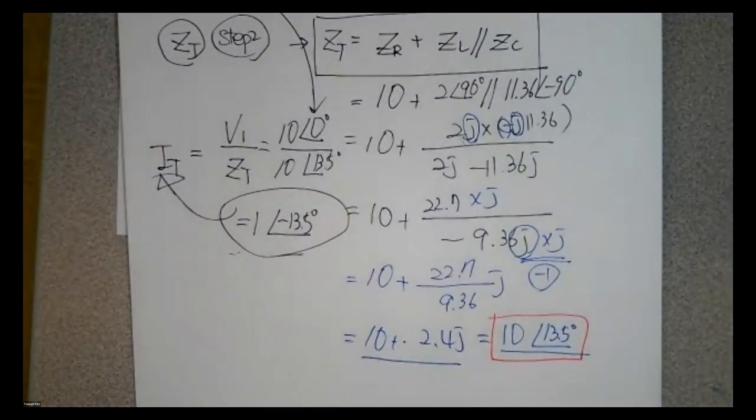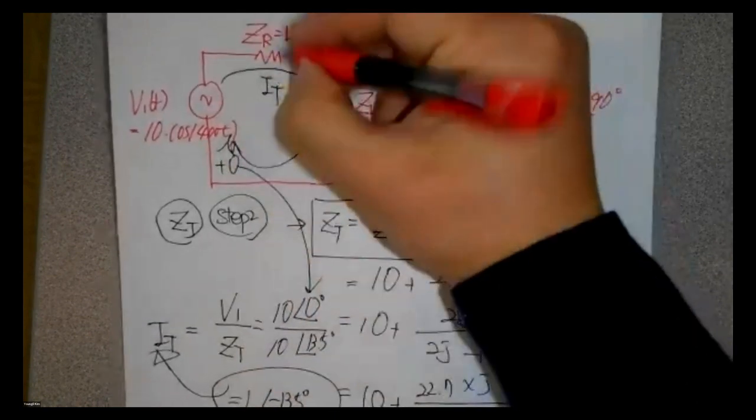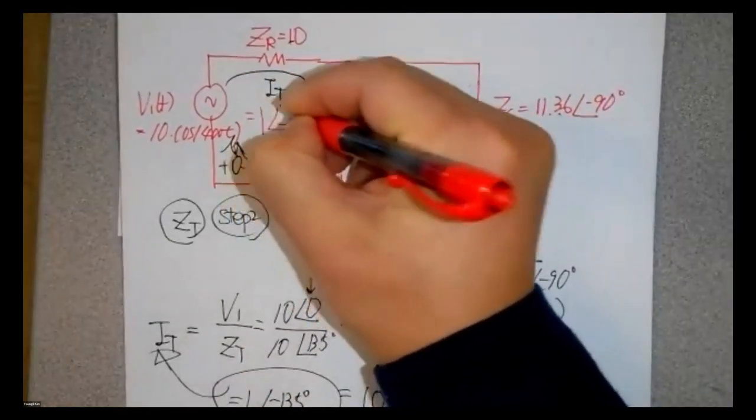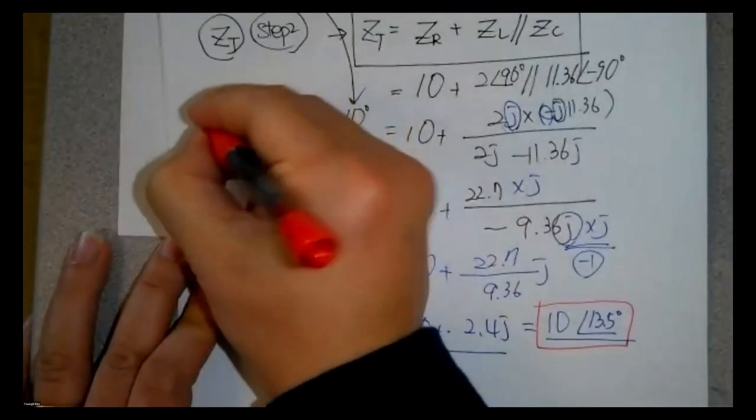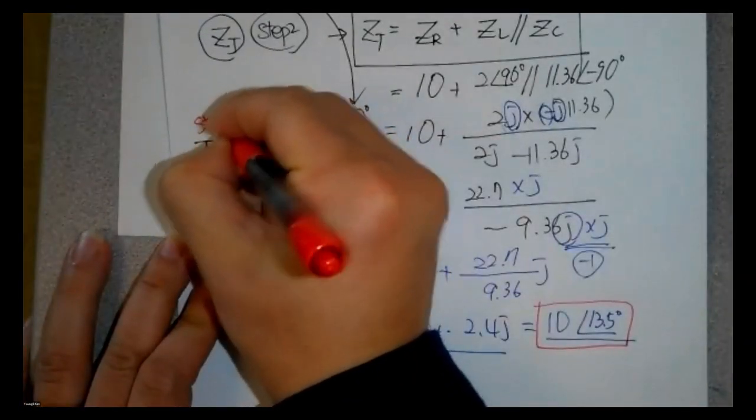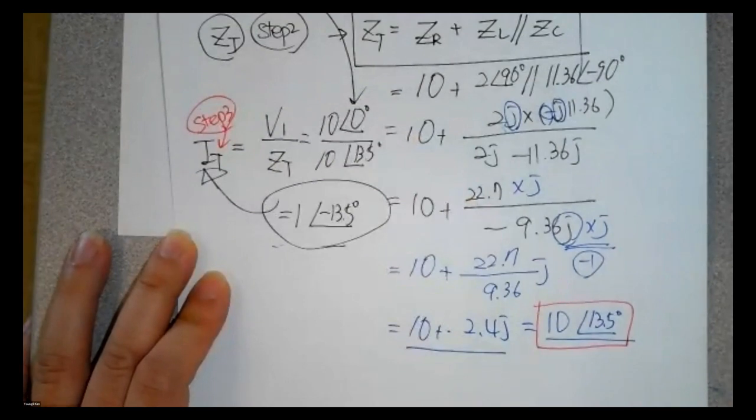That is the I sub T. Any questions so far? That is 1 at minus 13.5. So this is step 3 to find the I sub T here.